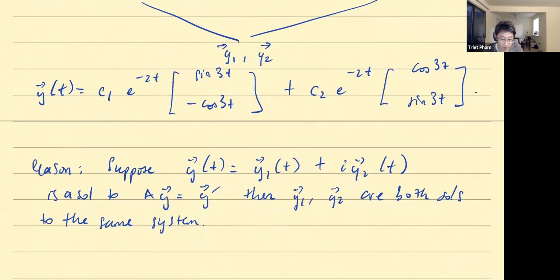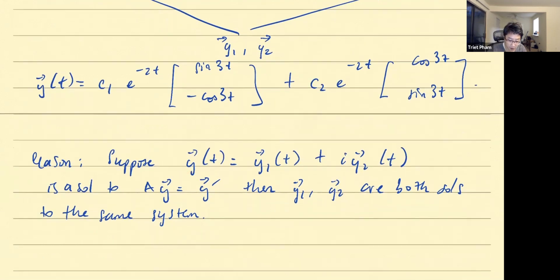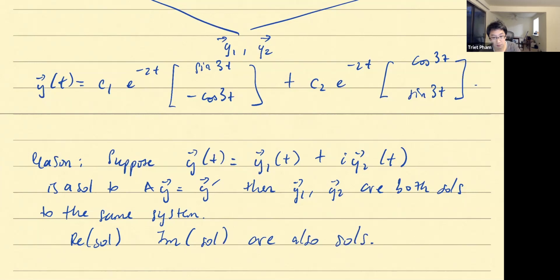In shorter version, the real part of a solution and the imaginary part of a solution are also solutions. That's the term in English, because this is the real part and this is the imaginary part.